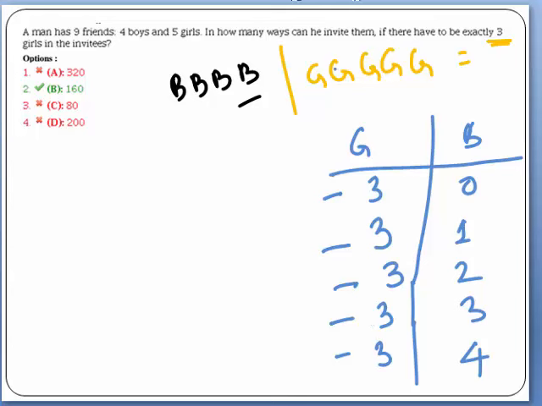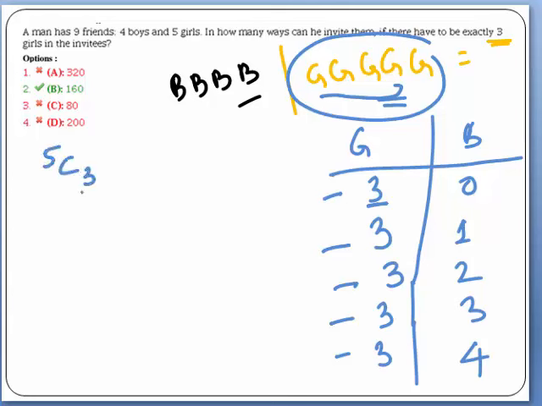Now if you have to pick up 3 girls out of a total of 5 girls here, the ways in which you will choose these three girls will be 5 combination 3. So this number is always fixed. You know the ways to choose the girls.